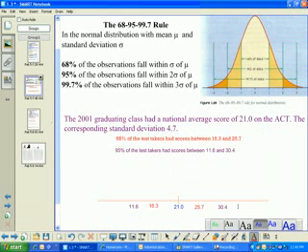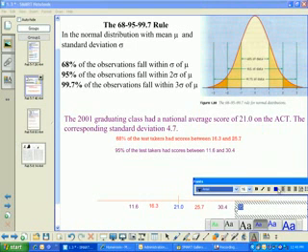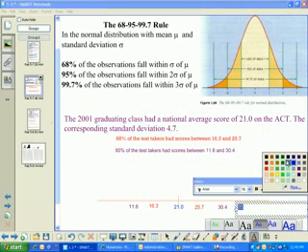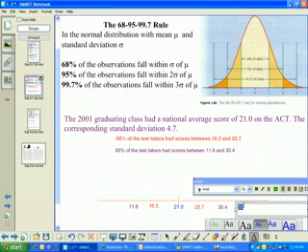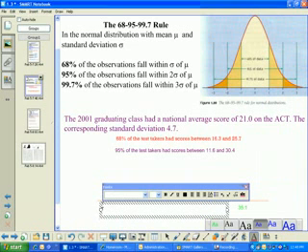And then our next one, 99.7, which is almost 100%, is within 3 standard deviations. So we add another 4.7 and get the 35.1.